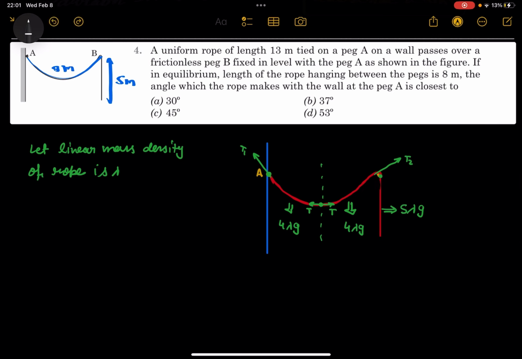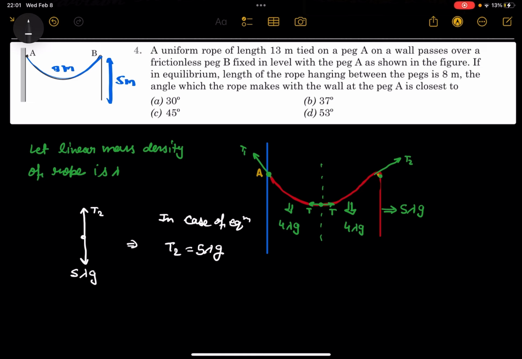In this vertical free body diagram, one tension T2 is acting here, and 5 lambda g is here. So in case of equilibrium, T2 is equal to 5 lambda g.